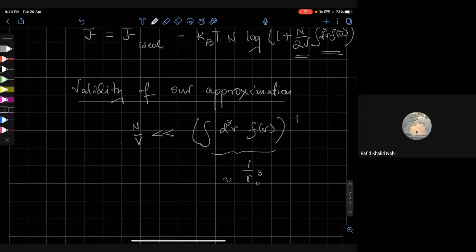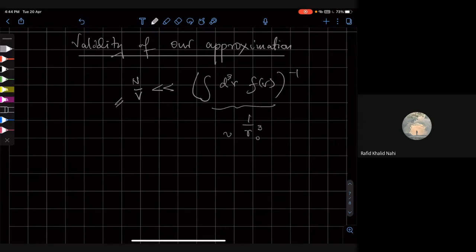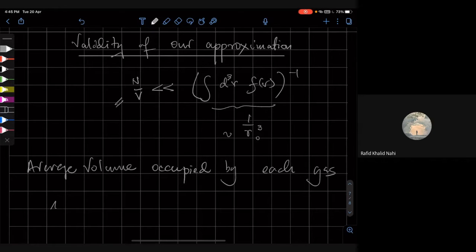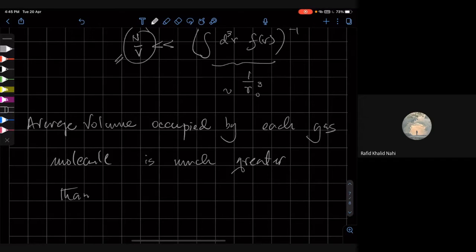So this statement is saying that the volume occupied by each gas molecule, or the average volume occupied by each gas molecule, which is 1 over this number, is much greater than r naught cubed. But what is r naught cubed?